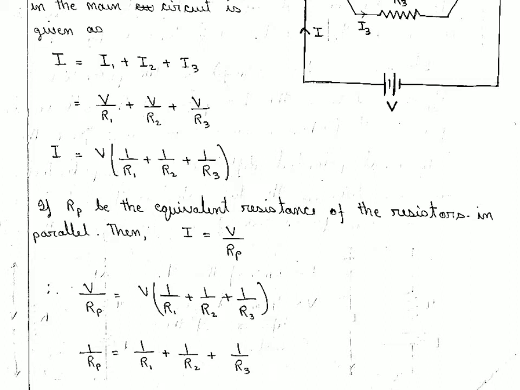So if you combine these three resistances in parallel, the resistance will actually decrease. So that is the difference between the series combination and parallel combination. Remember, in parallel combination, V is the same, current is different. In series combination, current is the same, but the potential difference is different.